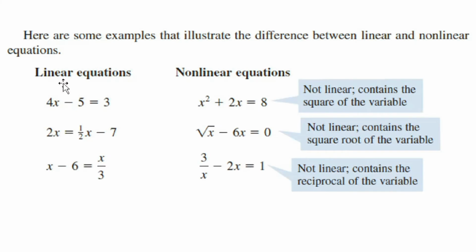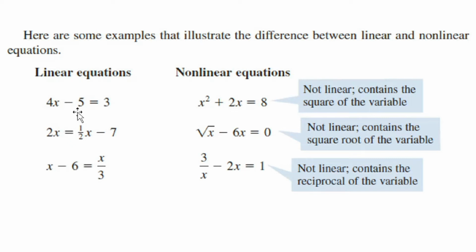Here are some examples that illustrate the difference between linear and non-linear equations. In this column, we have linear equations, and the second column is for non-linear equations. For the linear equations, here are the examples.